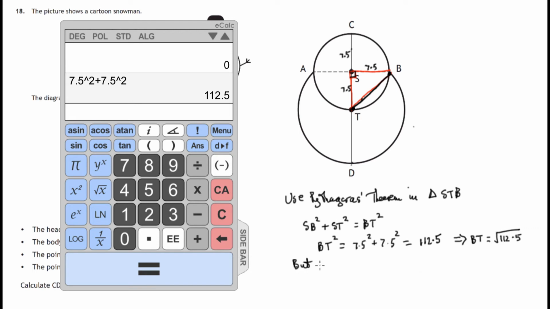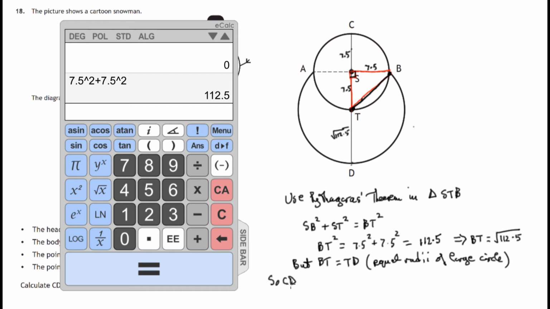But we know that BT equals TD, equal radii of the large circle. So this line T to D is the square root of 112.5.